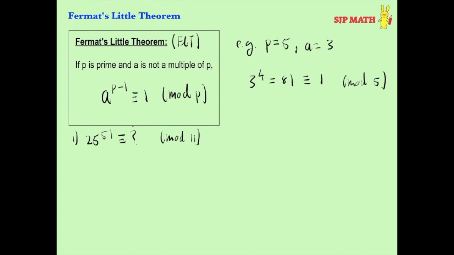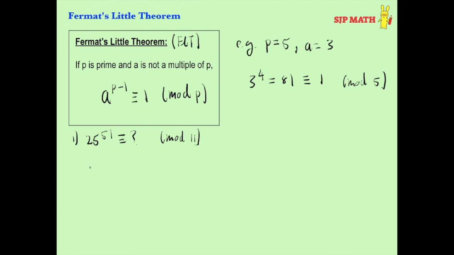So the solution is, firstly we can observe that it's a similar structure to this, because 11 is a prime, so the modulo is a prime, and this number here is not a multiple of 11. So we can use this formula to find a solution for this congruence. So let's set a to 25 and p to 11.